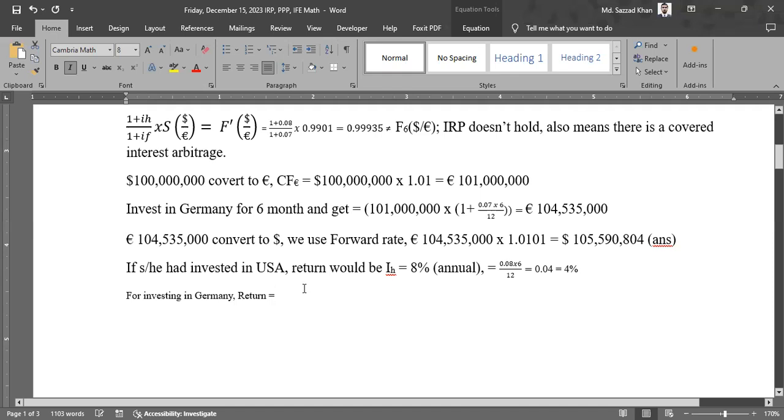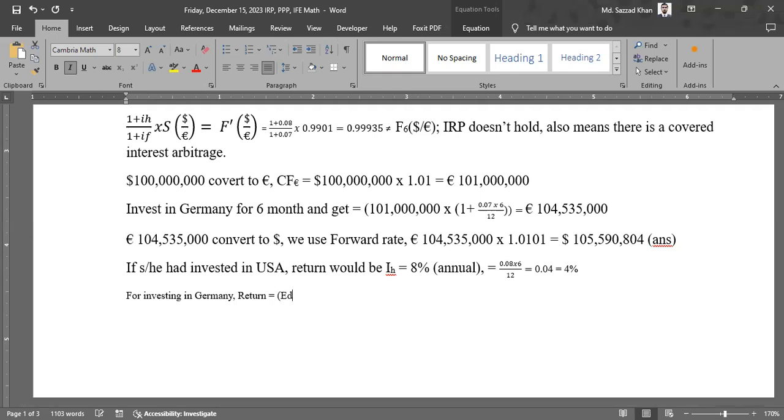Okay. That would be ending balance divided by beginning balance minus 1. So what was the ending balance? 105,590,804 divided by 100 million, right? Minus 1.